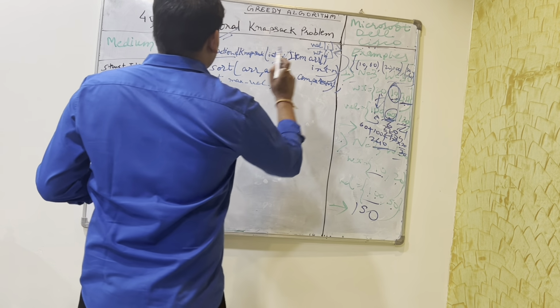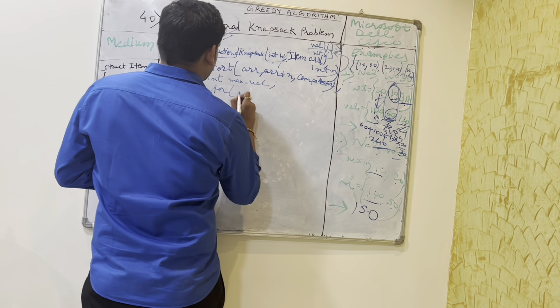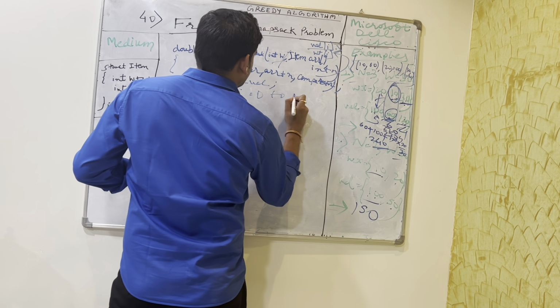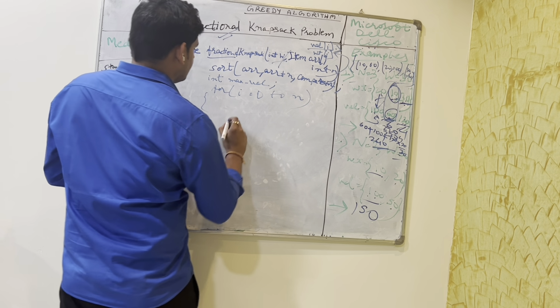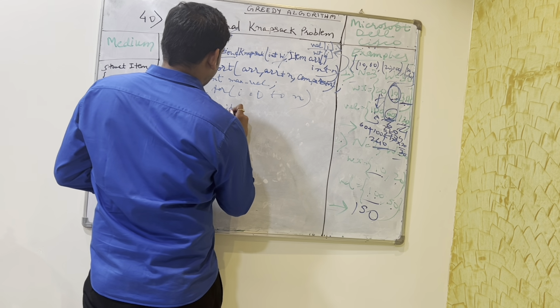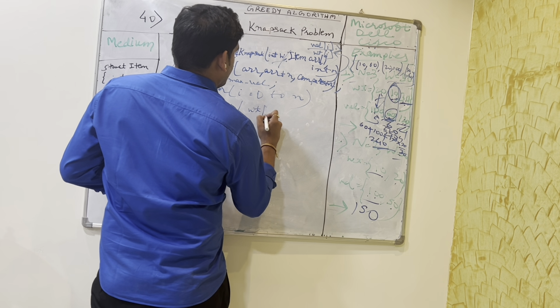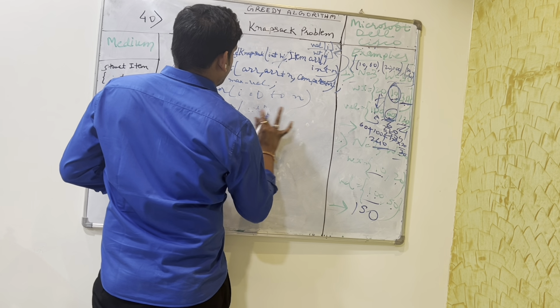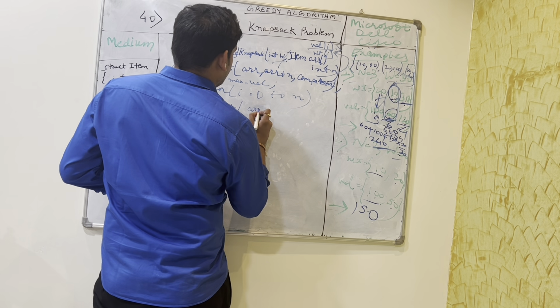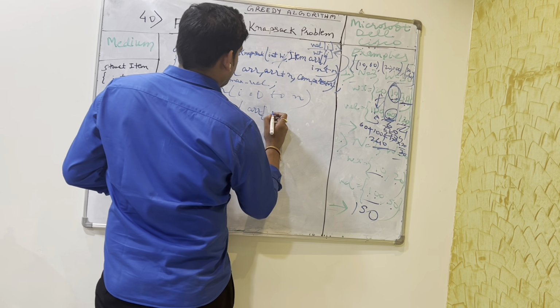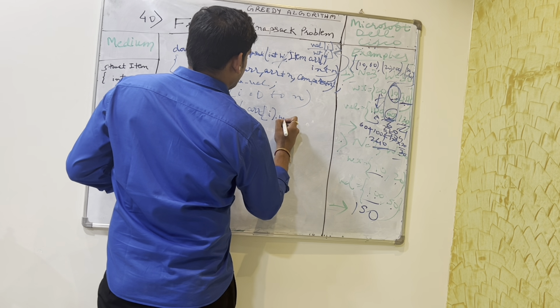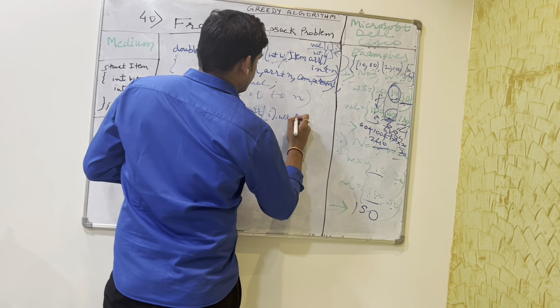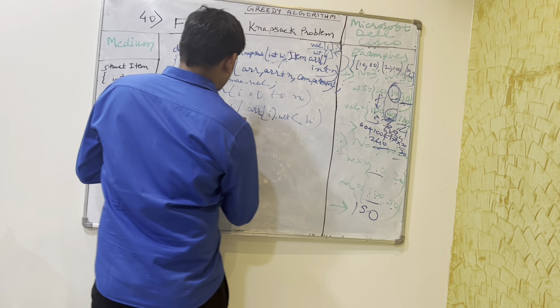Okay, so we'll run the loop for i equal to 0 to n, and then what do? If array of i dot weight is less than w, then what do?